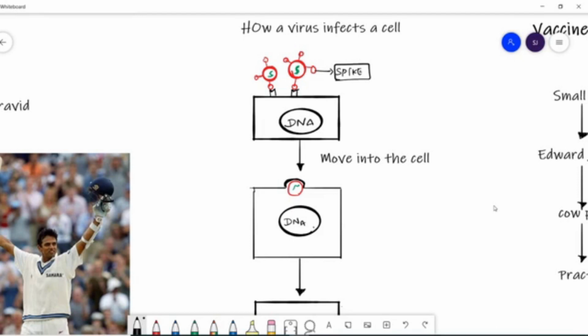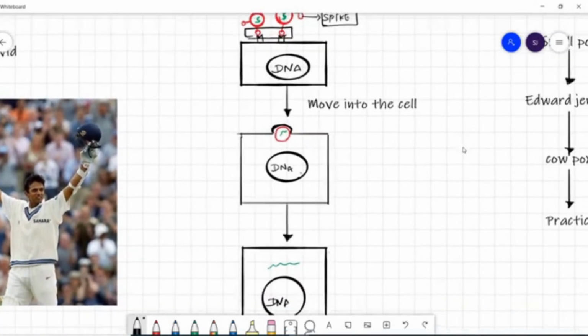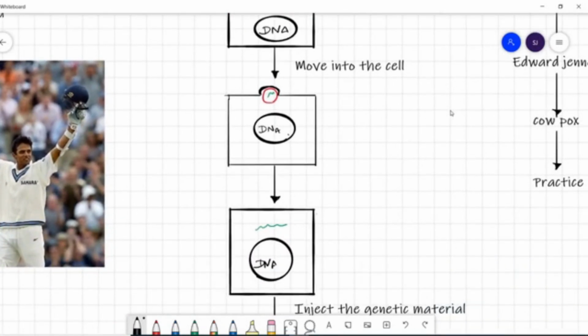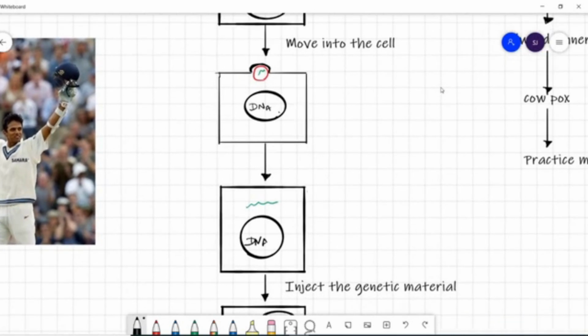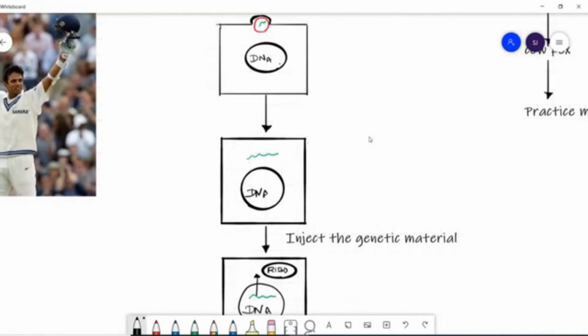What this spike does is that it gets attached to the outside of the cell, and once it gets attached, it is engulfed into the cell slowly, and once it is engulfed, it releases the genetic material.